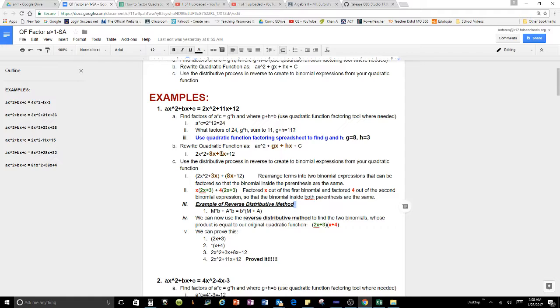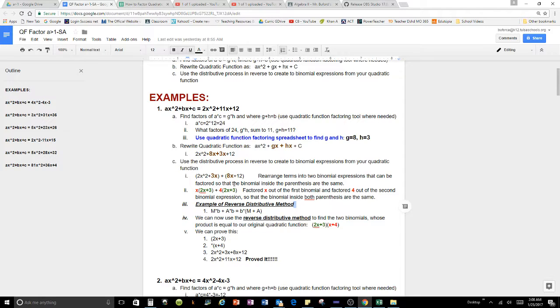And we're going to take the 3x and associate it with the 2x squared. And we're going to put parentheses around them. So that really doesn't change the equation. It's just that we're grouping them in a way that's going to allow us to use the reverse distributive process to create two binomial expressions that are multiplied together.